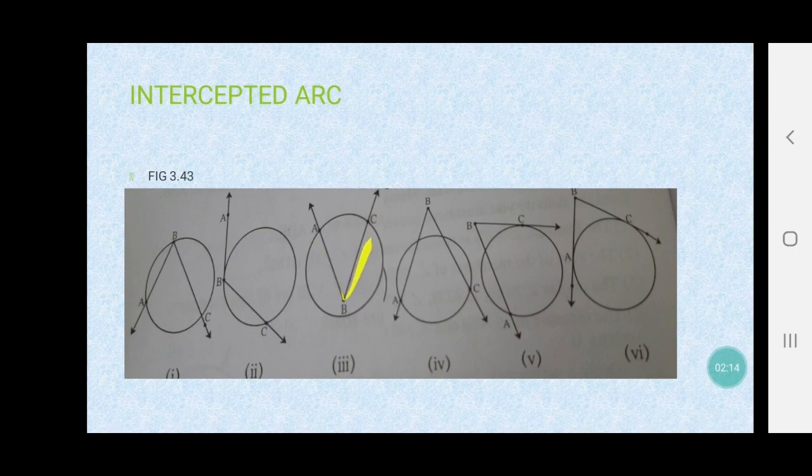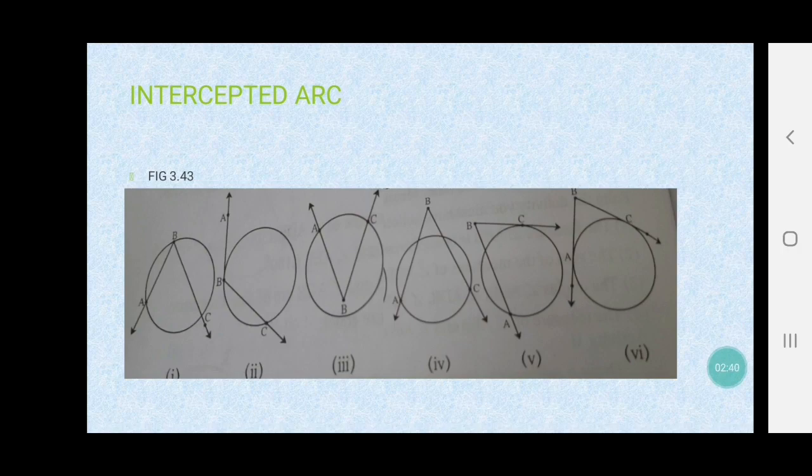Angle ABC is drawn, of which both the arms intersect the circle at point A and C. So here angle ABC intercepts arc AC, right? So in all the first 3 figures, only one arc is intercepted, right? Only one arc is intercepted.